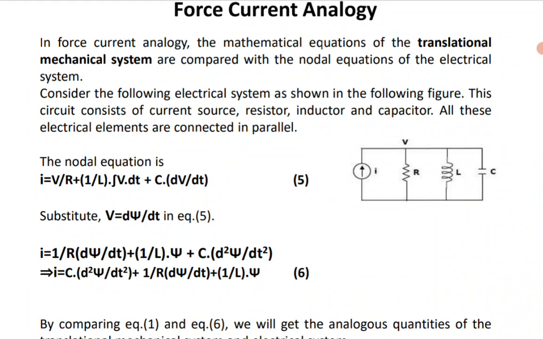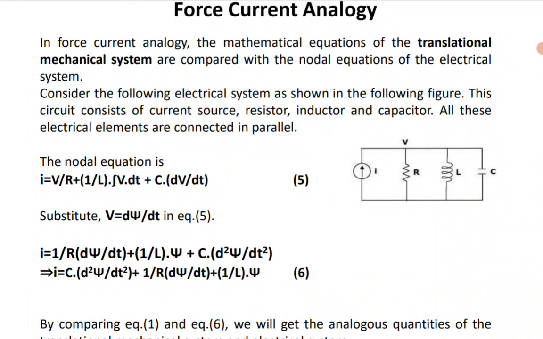Now we have to substitute V is equal to d psi by dt, where psi is flux. That way we generate again a second order differential equation, which we can compare with equation 1.